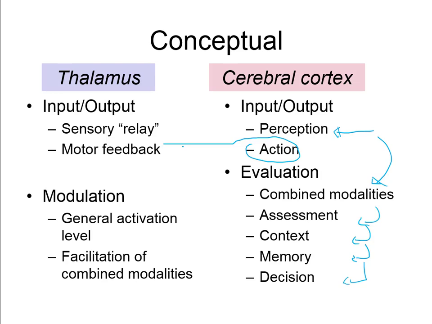Well, what information have we already sent to the thalamus that is related to motor? Yeah, well, not just proprioception. Proprioception is our position sense, but we sent the cerebellar processed information out to the thalamus. And that cerebellar information is about movement and trajectory and position and orientation and velocity, and all of that, okay? So that's information that you need in order to be able to generate those movements.